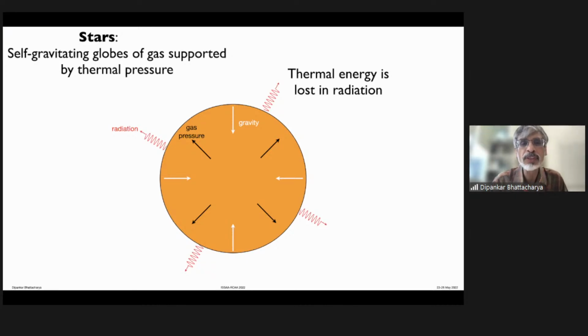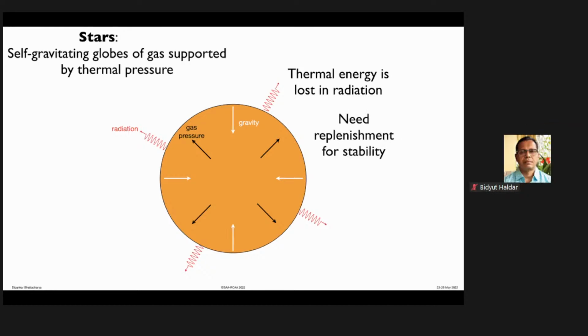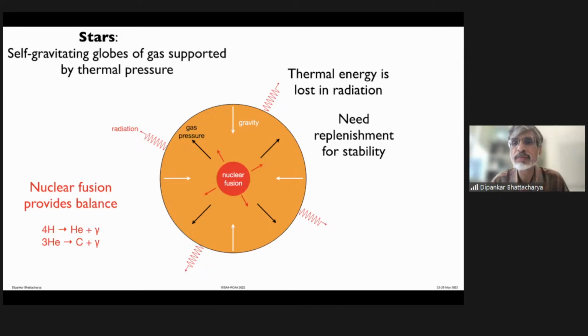Energy is being lost from the surface in the form of radiation. You have to compensate that loss exactly. Only then can the gas retain its thermal pressure and continue to support it against gravity. So it is essential that a star must have a source of energy inside, and this comes from nuclear fusion.